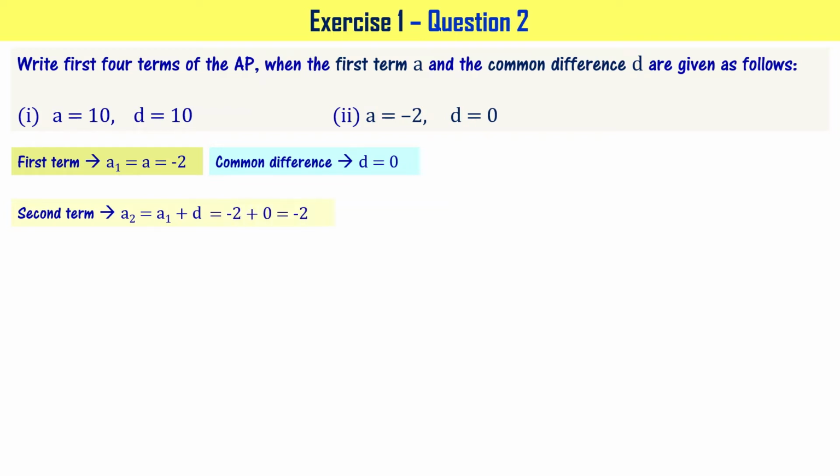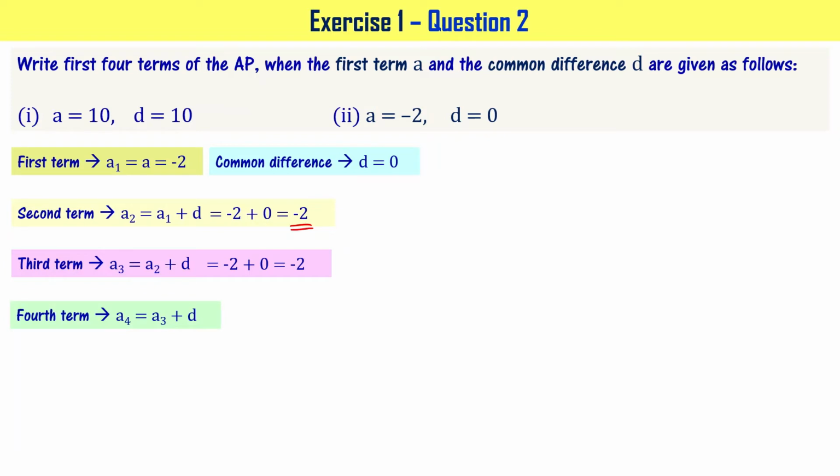So A2 is going to be minus 2. The third term is going to be A3 equal to A2 plus D. In this case also you are going to get minus 2 only, right? The fourth term is A4 equal to A3 plus D, that is also equal to minus 2. So let's write the first 4 terms of the arithmetic progression as minus 2, minus 2, minus 2, minus 2. Got it?